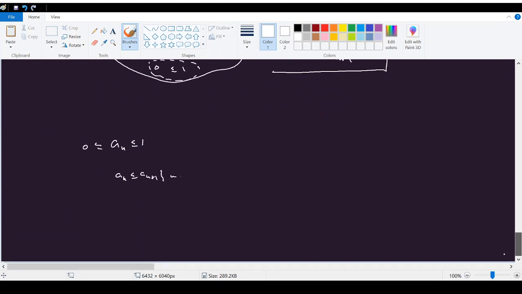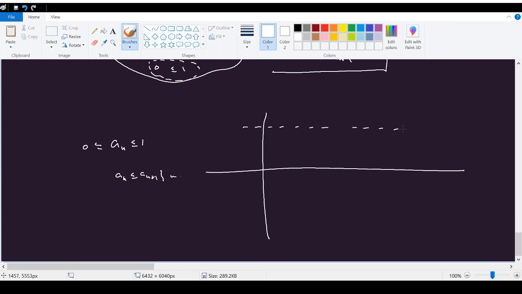Now see, if you draw a picture, things will be more clear, right? Now this is the upper bound, and we have an increasing sequence. Now if we consider the x-axis as the natural numbers, then we have these discrete points. So at each and every point we mark the sequence value, right?